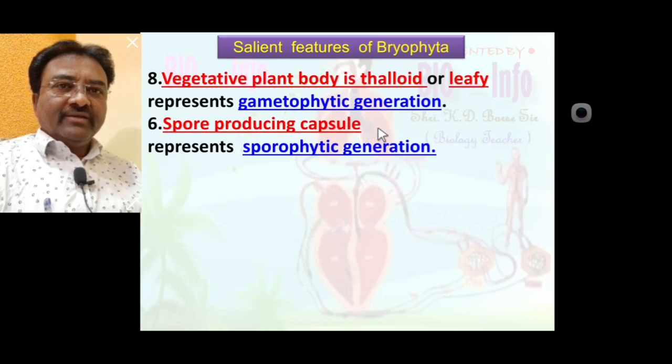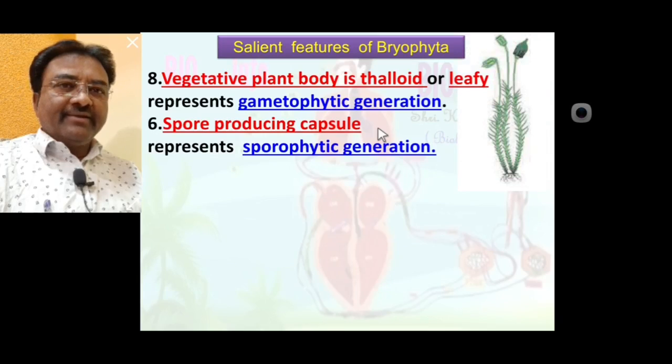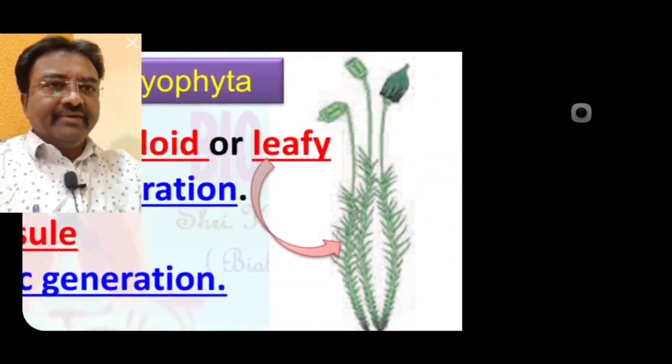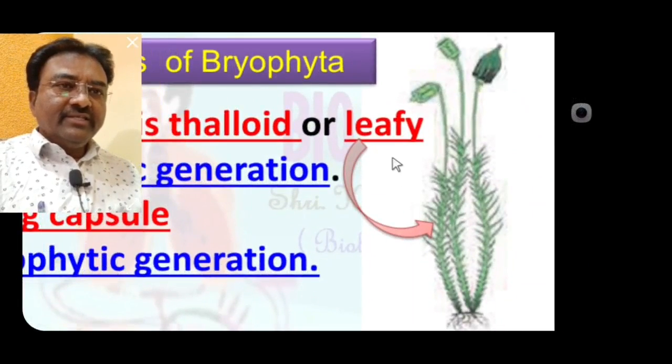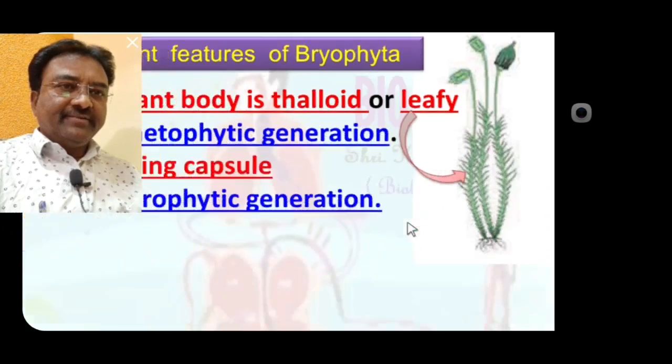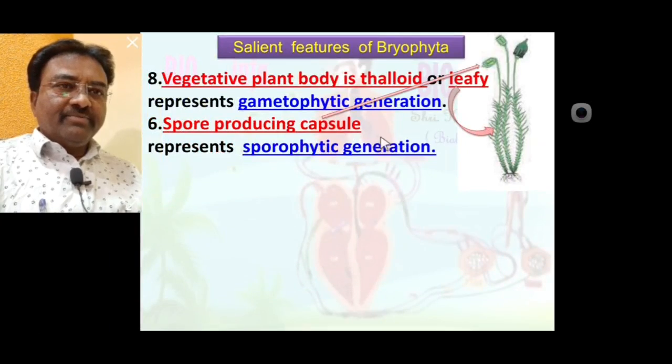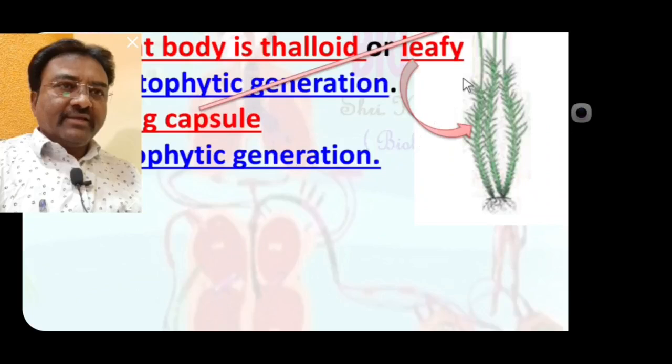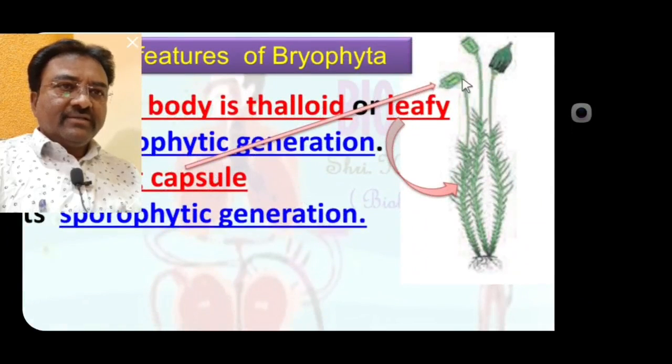I will show you with the help of a diagram here. This is the bryophytic plant Funaria. This leafy, thalloid part is called the gametophytic generation, while this capsule part is called the sporophytic generation, meaning this part is the gametophyte, this part is the sporophyte.